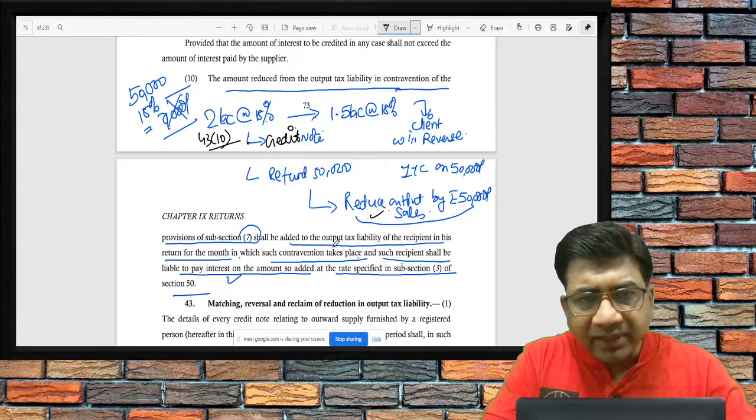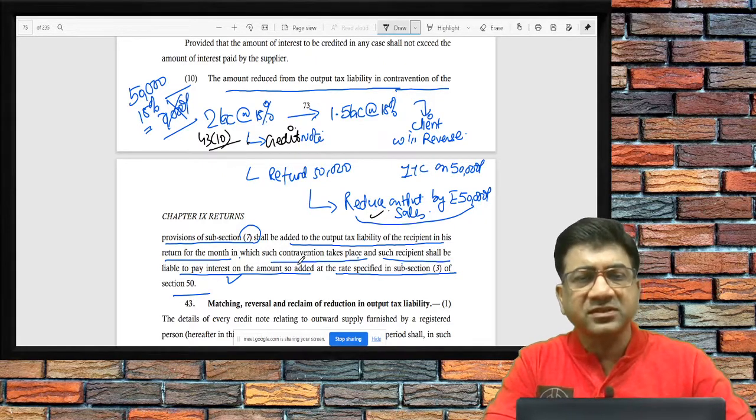It is added to the output tax liability of the recipient in the return for the month in which the contravention takes place.